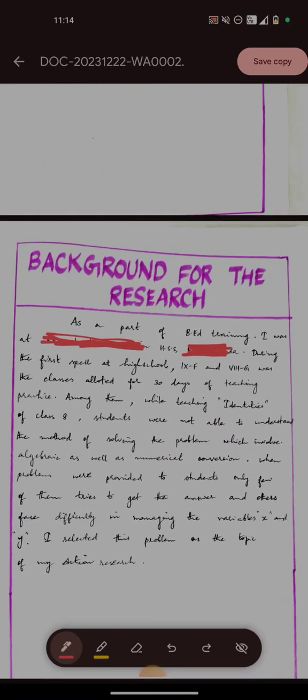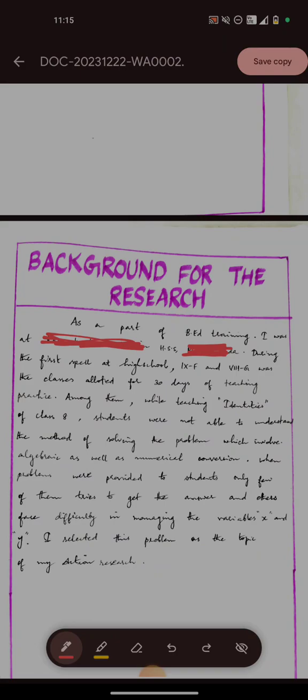Next is the background for research, like why choosing such a topic. At which school the training was done, at which class, at which chapter the teacher faced difficulty in teaching the class, which was seen in students.